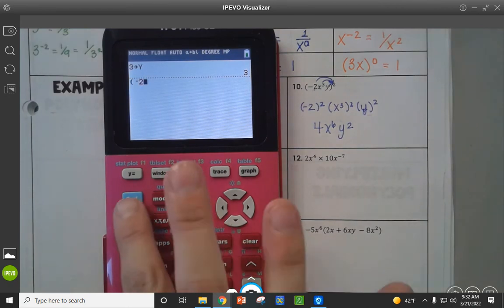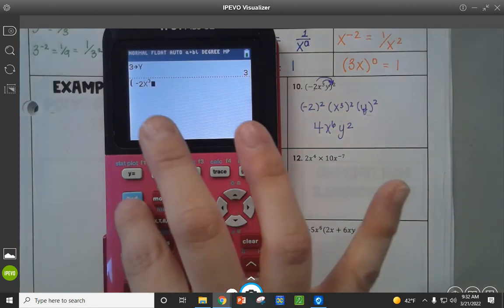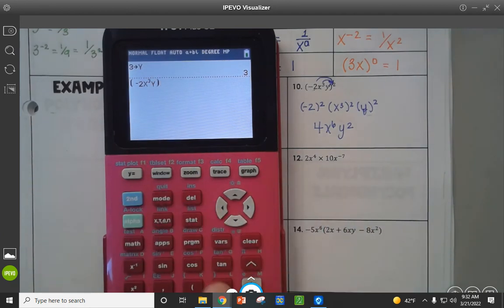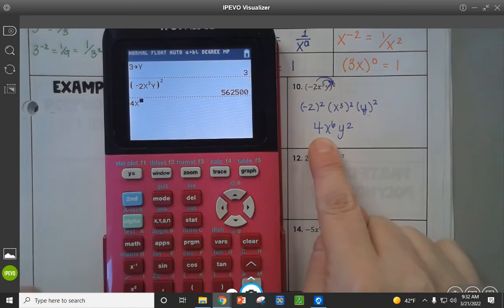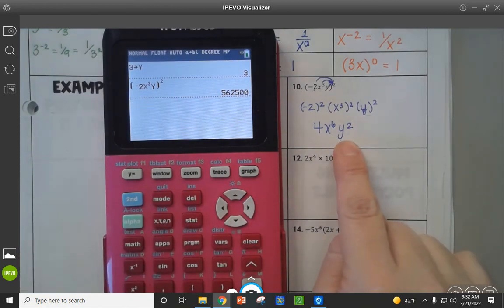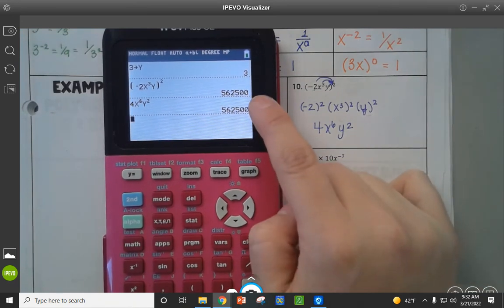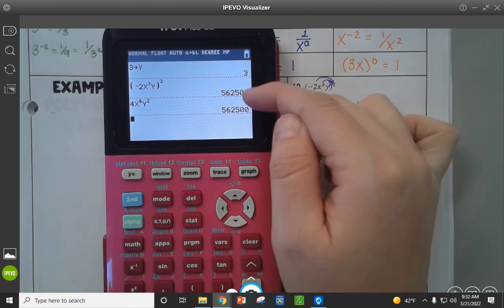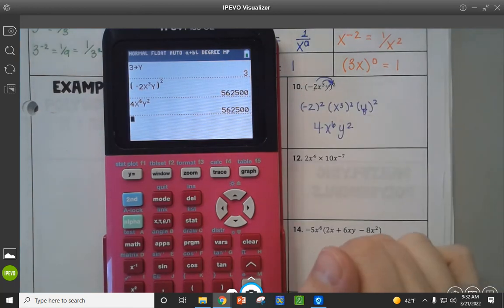So negative 2x cubed y, and that's all to the 2nd power. And then I'm going to test 4x to the 6th y squared. And you see how they match? That means you did it right. It doesn't really matter what that number is because you could store anything. But as long as they match, you have a correct answer.